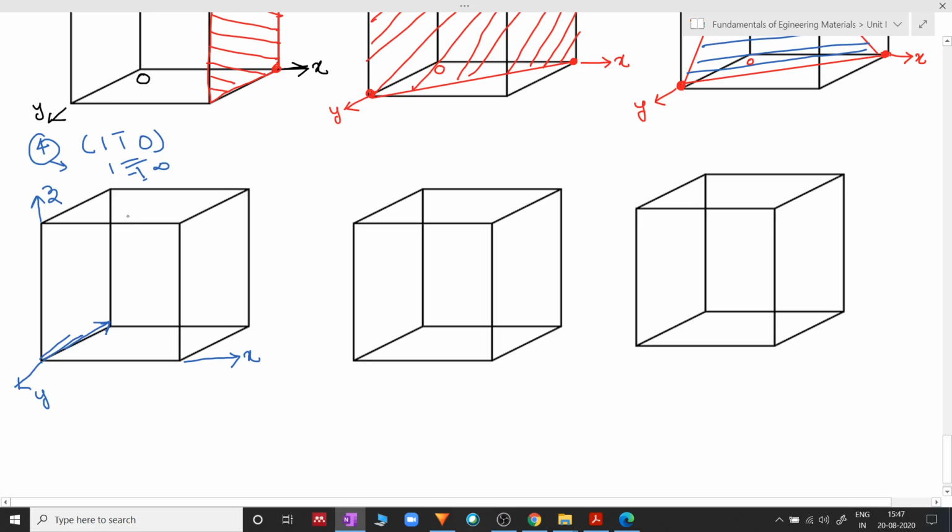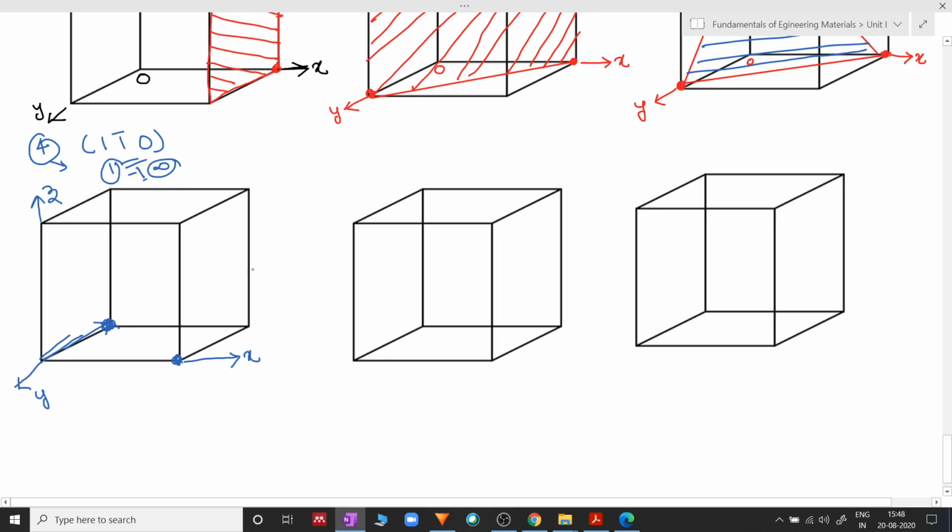Now what is the intercept? 1 on x axis. So here 1 on x axis and -1 on y axis, means at this point -1, and infinite intercept on z, means it is parallel to z axis.